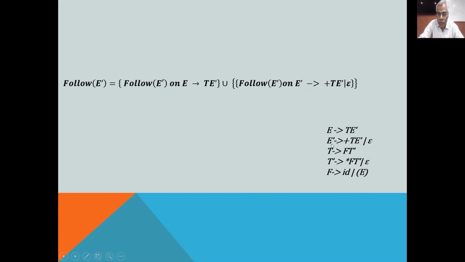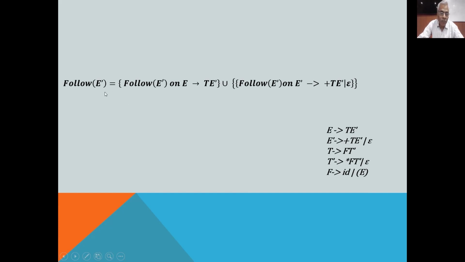Then we move to the next non-terminal, that is E dash. And E dash is present in two different productions, E to TE dash and E dash to plus TE dash.